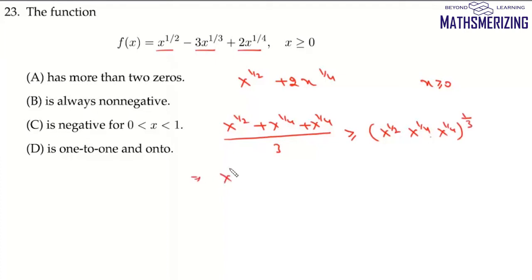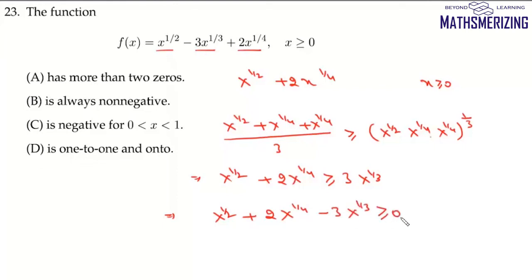Now we can write this as x to the power 1 by 2 plus 2x to the power 1 by 4 is greater than or equal to 3, and this value will be simply x to the power 1 by 3. So from here we can say x to the power 1 by 2 plus 2x to the power 1 by 4 minus 3x to the power 1 by 3 will always be greater than or equal to 0, and this is nothing but f(x). So whenever x is greater than or equal to 0, f(x) is always greater than or equal to 0. That means it is always non-negative, and that's your option B.